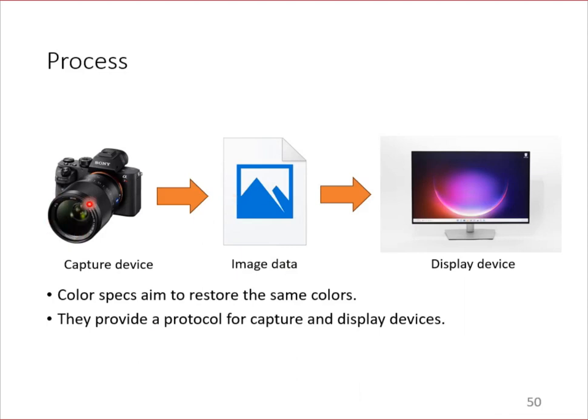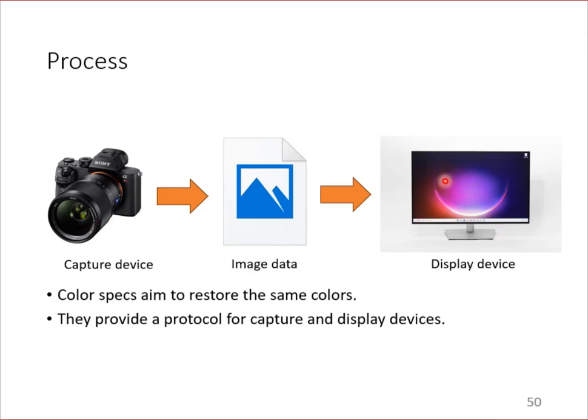We have a capture device to capture the radiation of the real world and then convert it into data. And the data is what we are going to focus on in the following lectures and classes. Once we have the data, if we want to show the image, we need a display device.